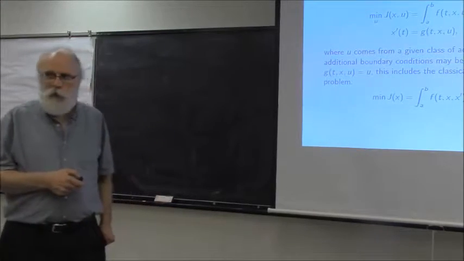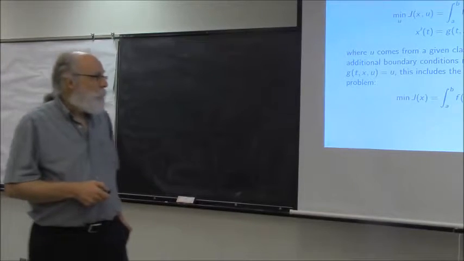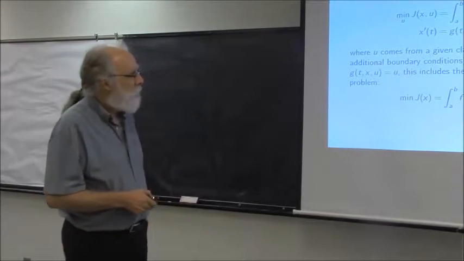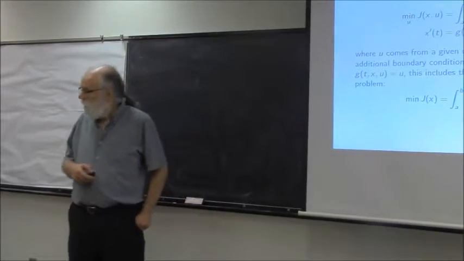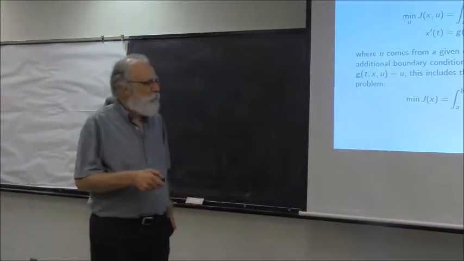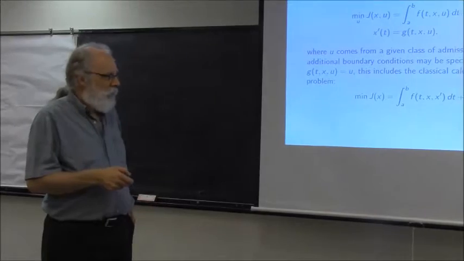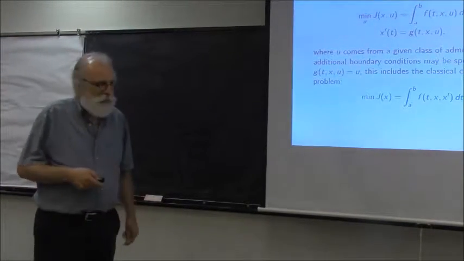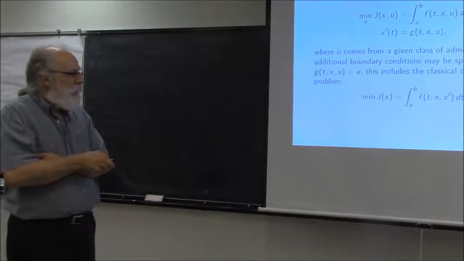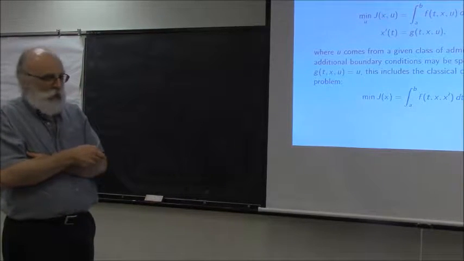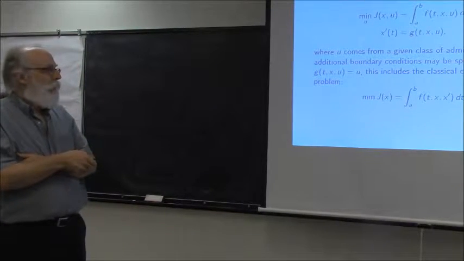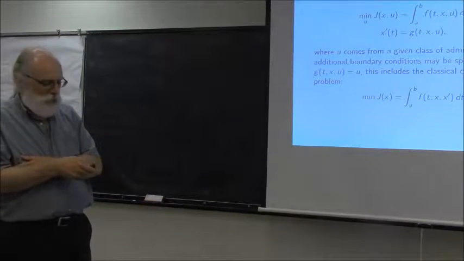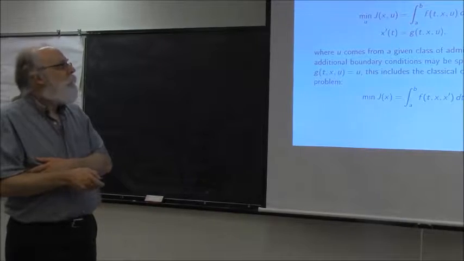So we can use constraints for a calculus of variations problem. Now, the calculus of variations is a very old kind of problem. It's used to solve some interesting problems in physics and other places. And there are different ways of approaching it. And I'm going to talk a little bit more about that in a really very, very simple example to give you a sense of what it's like, what it's about.